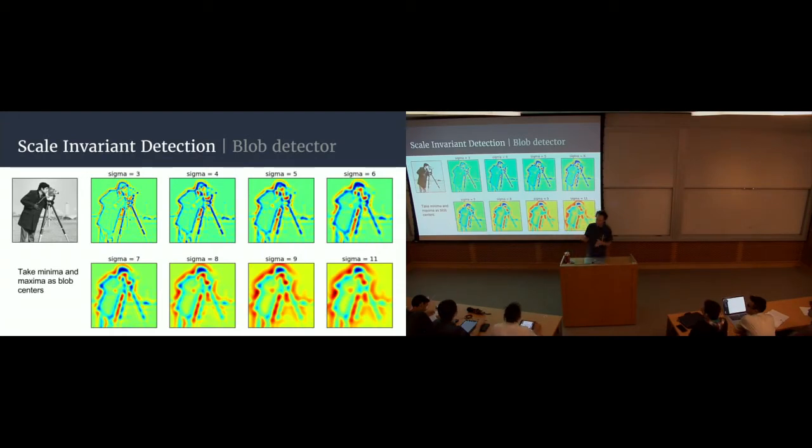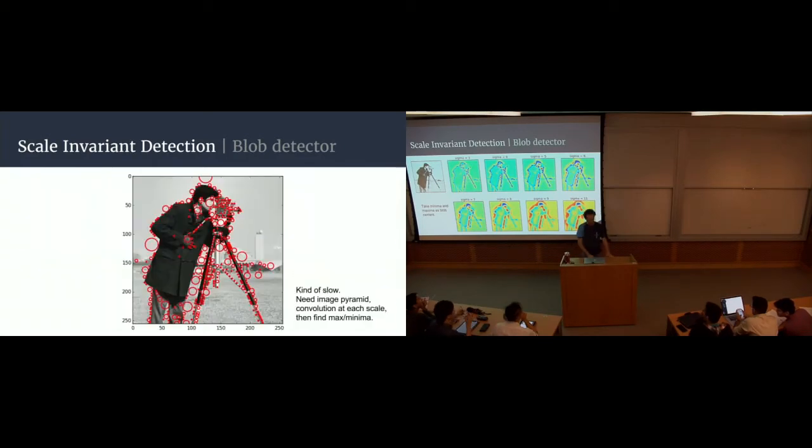We do it at scale. We vary the sigma of these things. We get bigger ones, smaller ones, so we can detect different kinds of scaled features. A bigger table here will need a bigger Gaussian, and we'll have a big response, and a smaller one will have a small one, and so on. We just pick the maximas and the minimas as our key points.